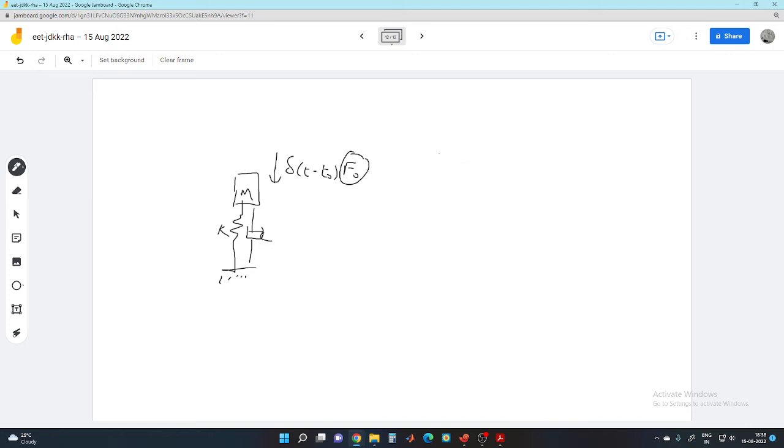The delta function is zero everywhere except at t equal to t naught. Here it is infinitely large, such that the total impulse across this is equal to F naught. F naught is equal to m times x at t positive minus x at t negative.